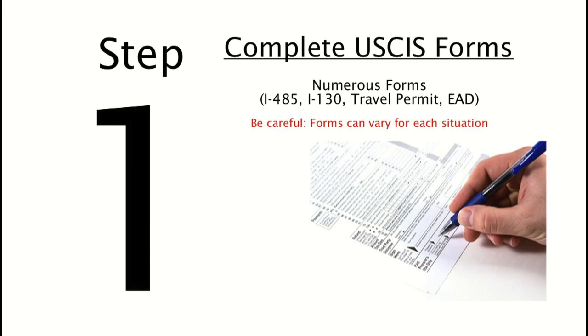The first step in the application process is to complete the USCIS, or U.S. immigration, forms. There are numerous forms that have to be completed, some of which include the I-485, the I-130, the travel permit if you wish to travel before your green card is issued, as well as the employment authorization if you want to work before your green card is issued.